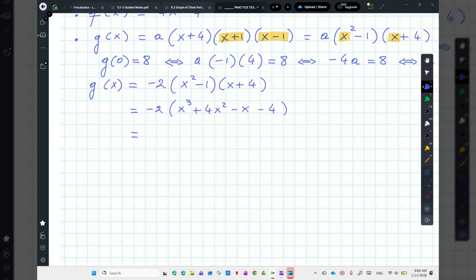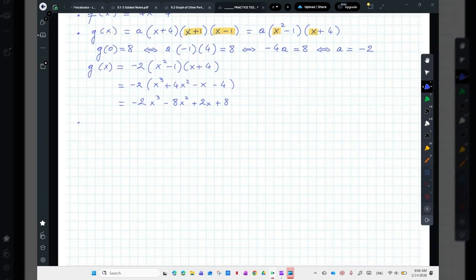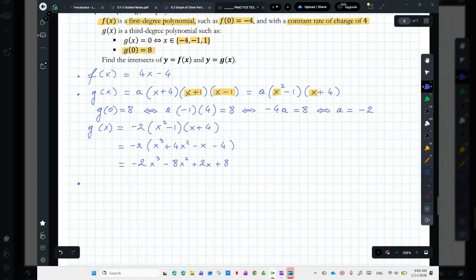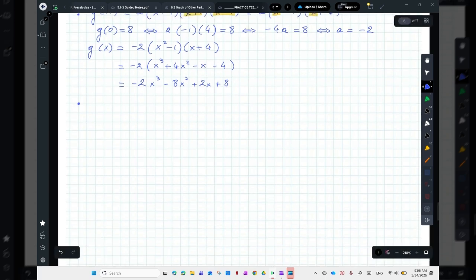And if I distribute the negative 2, I will have negative 2x cubed minus 8x squared plus 2x plus 8.